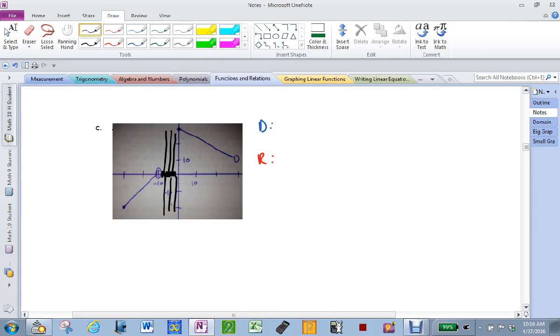Everybody understand? So you must need to write how many domains? 2. Where do we look for domain? X-axis only. So there is the first one, yes? Yeah. So what would it be?